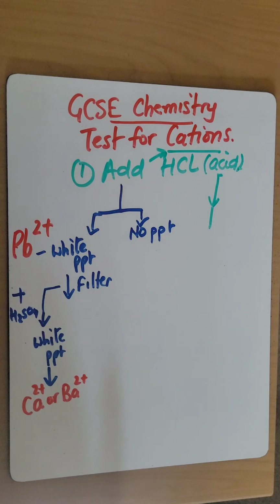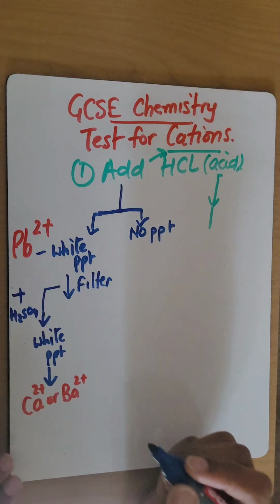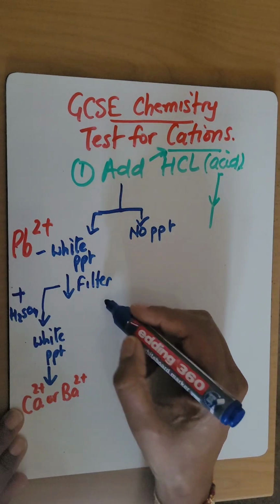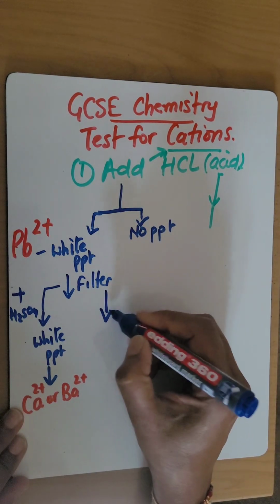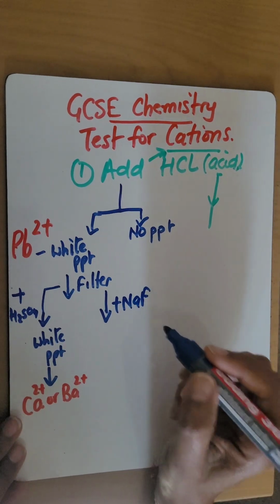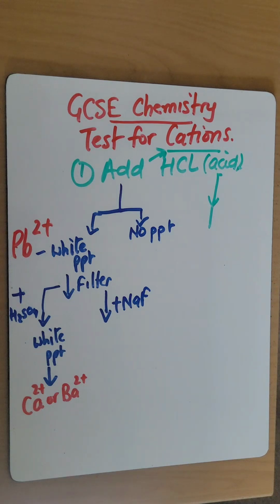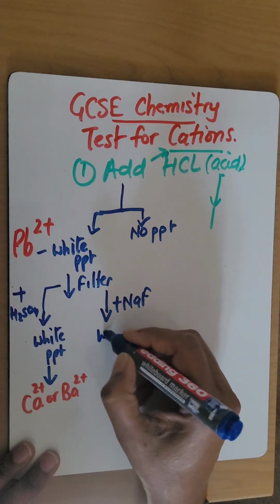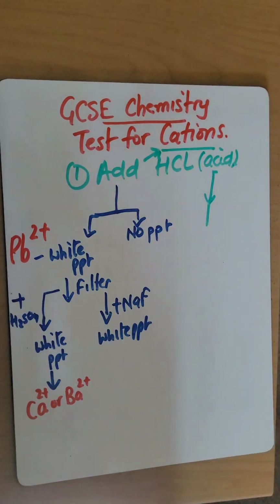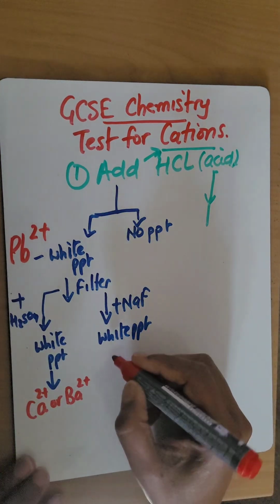Okay, so equally, if I then add sodium fluoride, so what we're going to do is, to this precipitate, we're going to add NaF, and if I get a white precipitate with sodium fluoride, that is going to give you calcium ions.